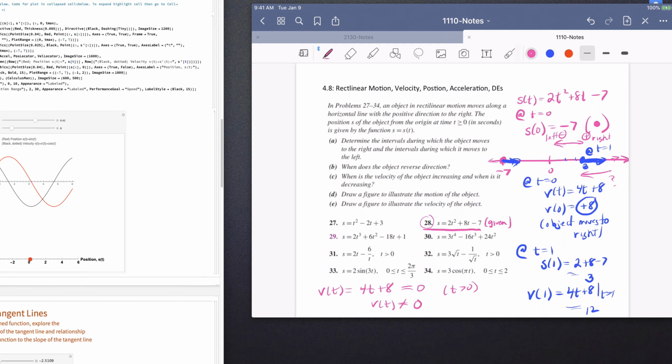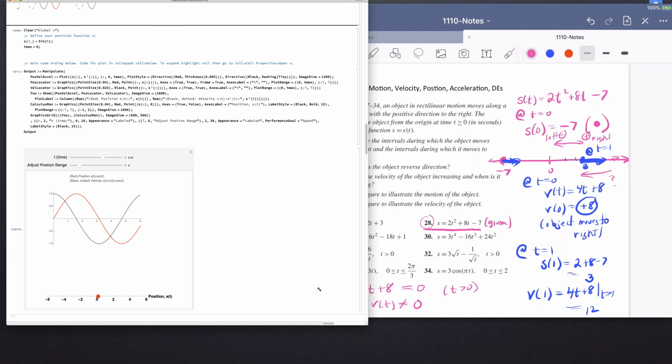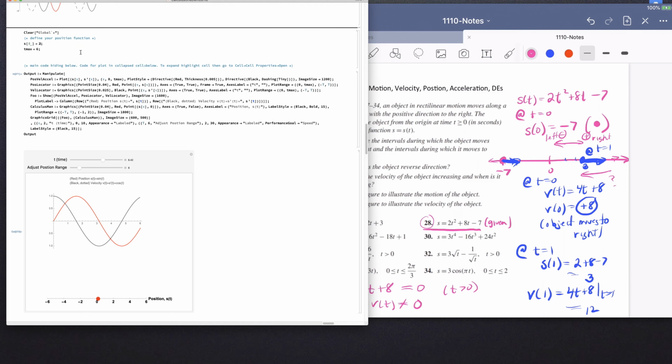Let me bring in our little graph of our pong paddle, so to speak. If we put in the position function, 2 times t squared plus 8 times t minus 7, and plot this for like 2 seconds, we can see that the object started at -7, as promised.